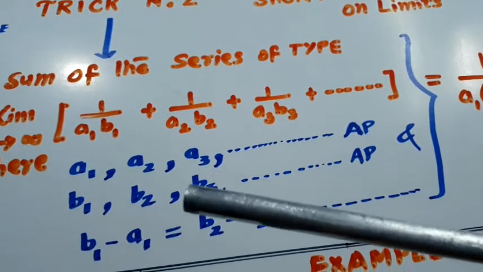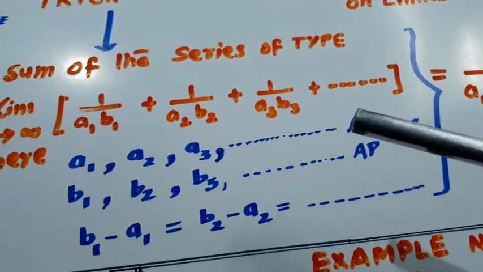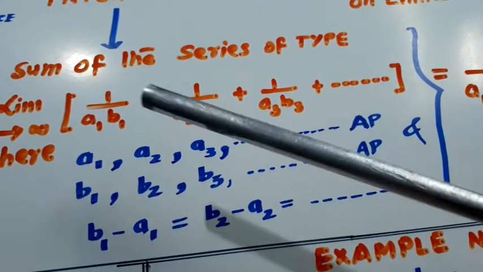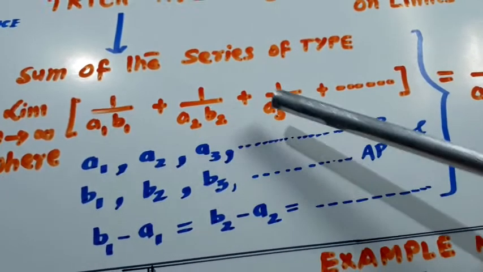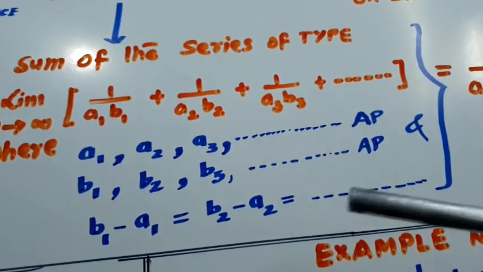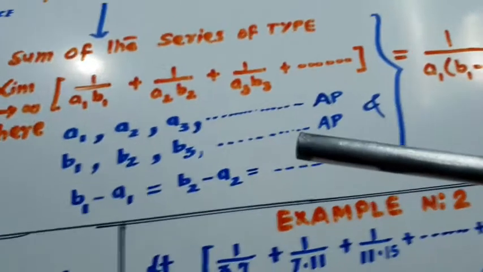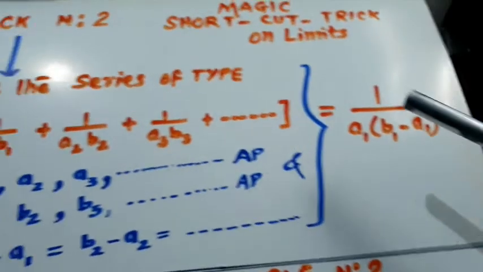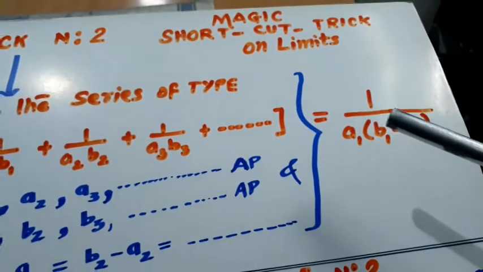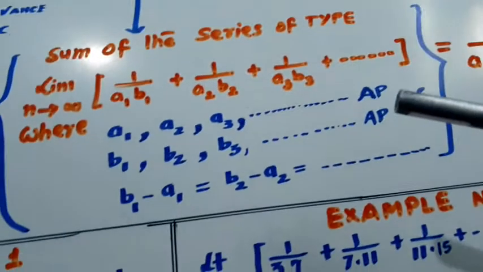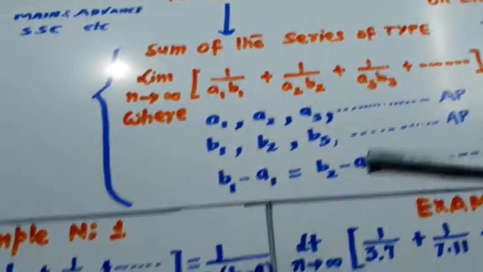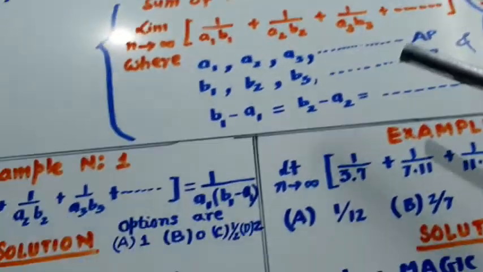Similarly, b1, b2, b3 are in AP. And the difference between b1 and a1, b2 and a2, b3 and a3 are equal. So in this case, the answer comes 1 over a1 into (b1 minus a1). Okay, so we'll go according to the trick.